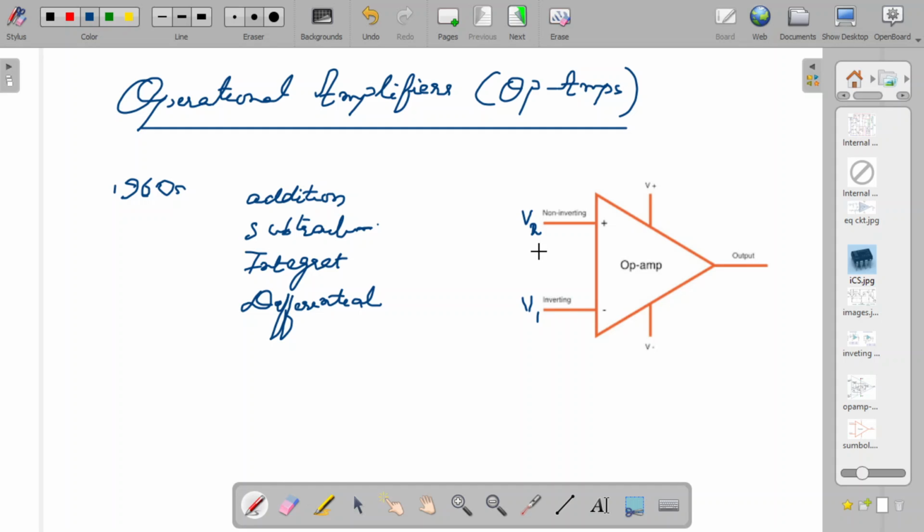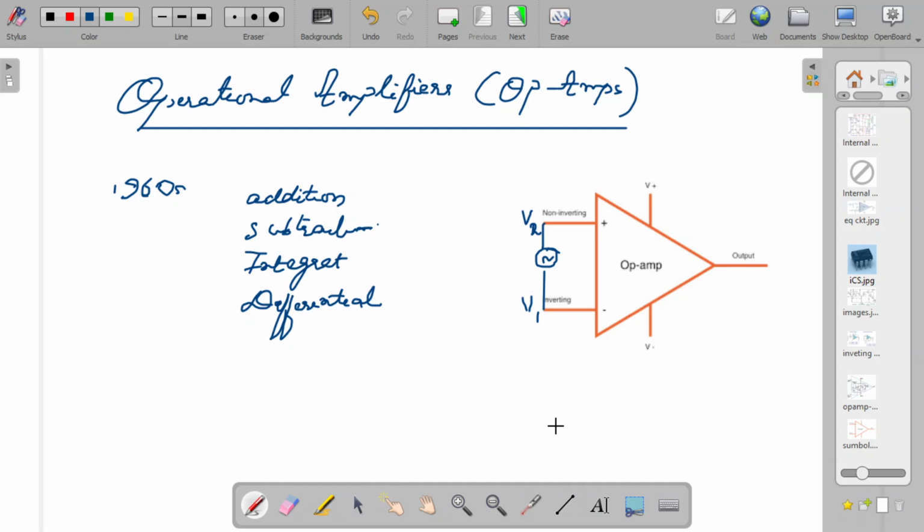Basically what we do is we normally give an input in between V2 and V1. So let me call this the input which is given between these two terminals. And actually the output is the difference of V1 and V2 in amplified form.